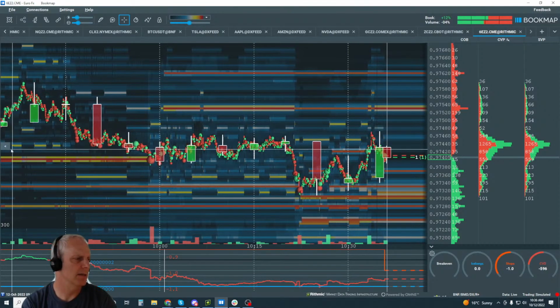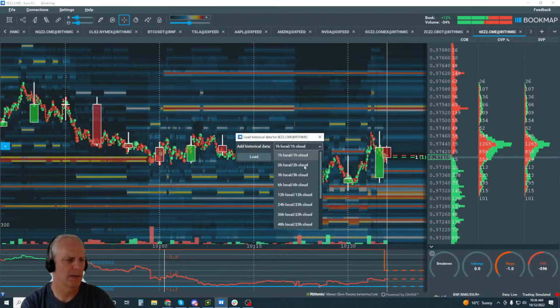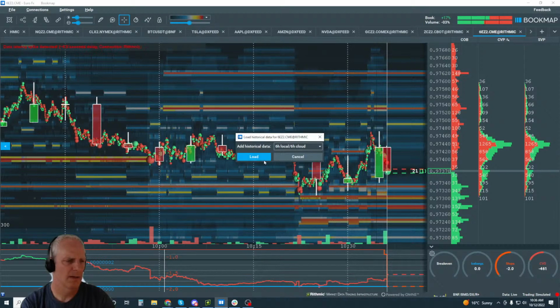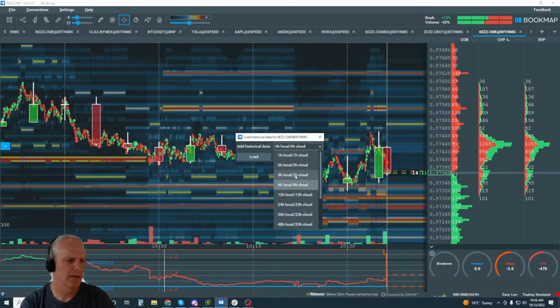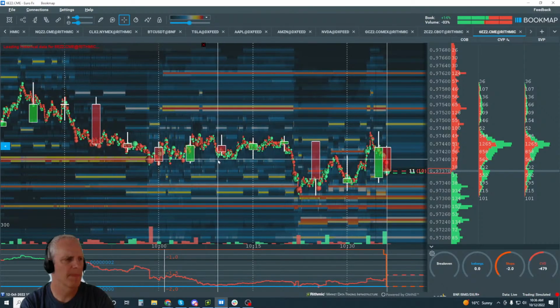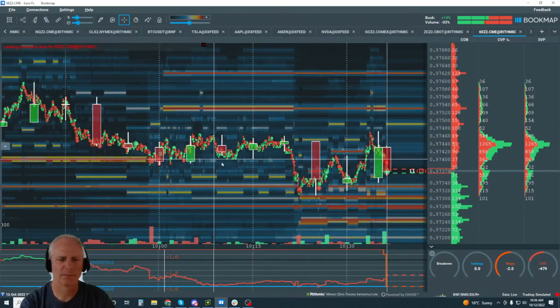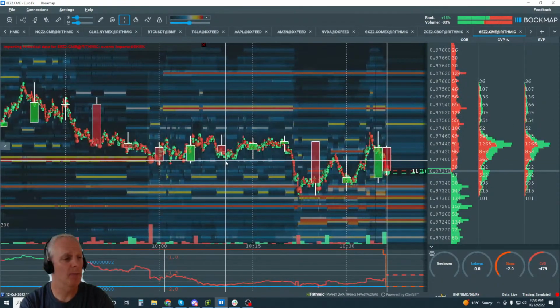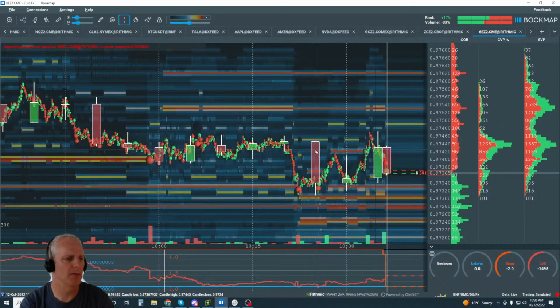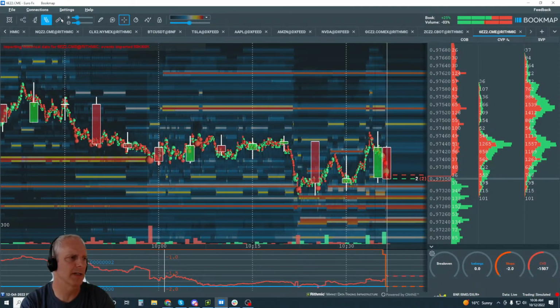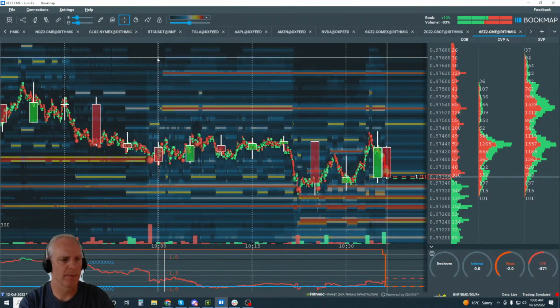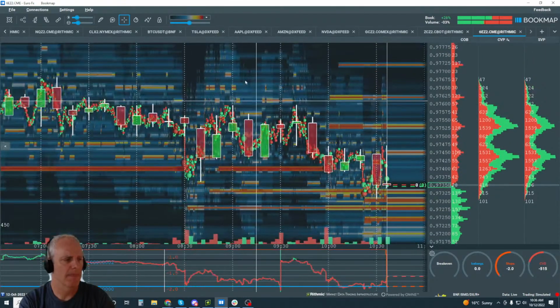That's been the correlation. Let's add 3 hours backfill. Guys, you can get more backfill data in Bookmap. You will have to pay for it from a DX feed. So I think it's like 14 bucks a month. It's up to you.